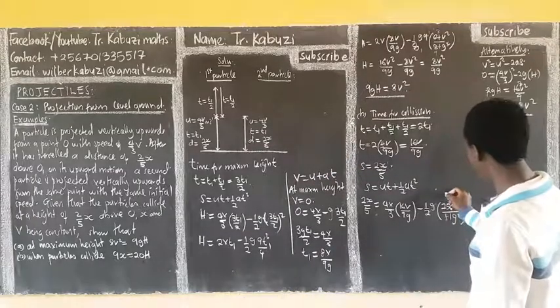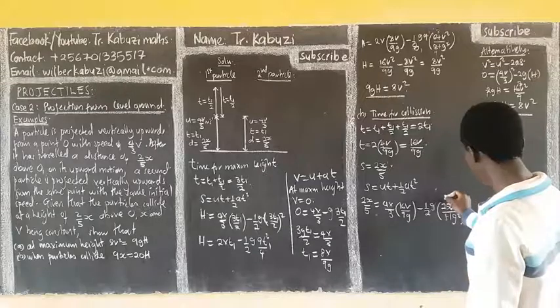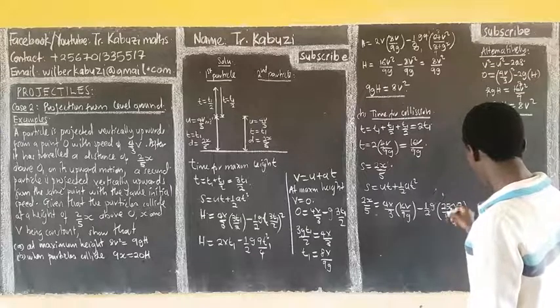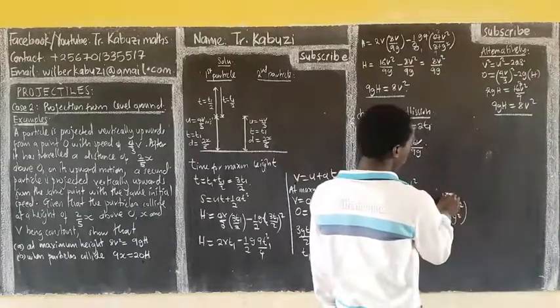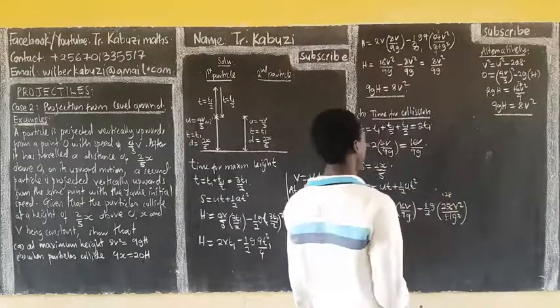It's going to be 1, and 128 when you divide there.